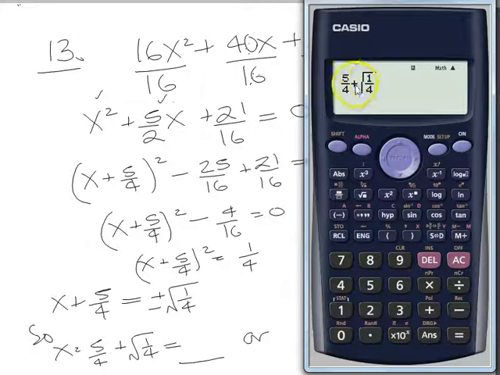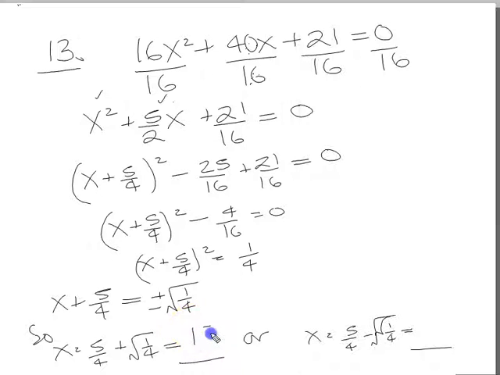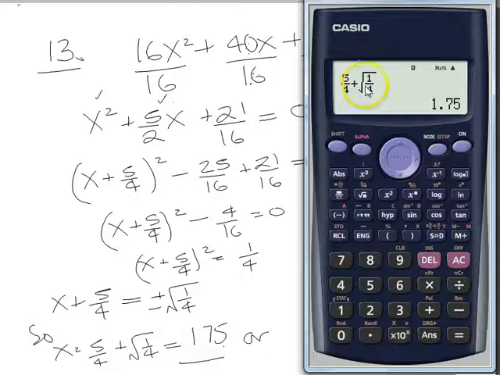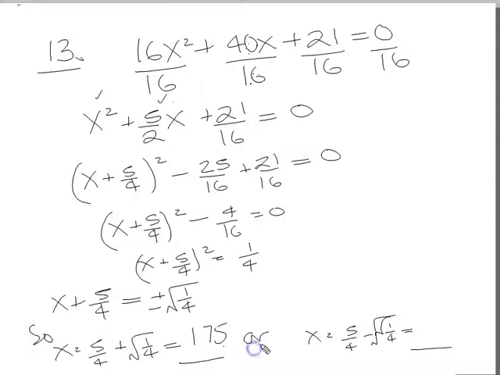We're on to ground level. That's exactly what we want to work out. Equals, get the decimal, 1.75. Great, that's that one. Now go back to our calculator, and all we need to do is toggle back to that plus entry, delete that and put a minus. We should be able to get the answer again. There we are, 3 over 4, which is 0.75.